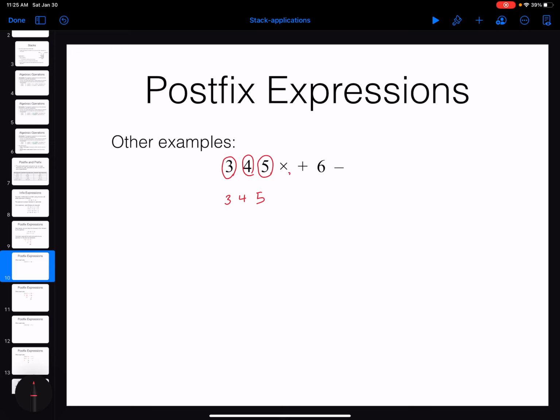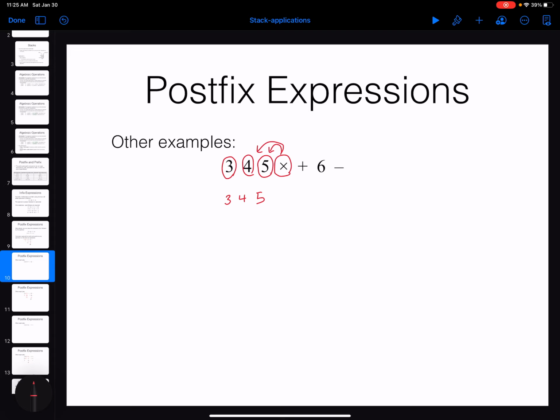The next token is going to be an operator. Okay, I'm seeing an operator, so I should have seen the operands for this operator just before that. Be careful, just before that. So this multiplication needs to be applied on the previous 2 items that I have seen, the closest items that I have seen, right?